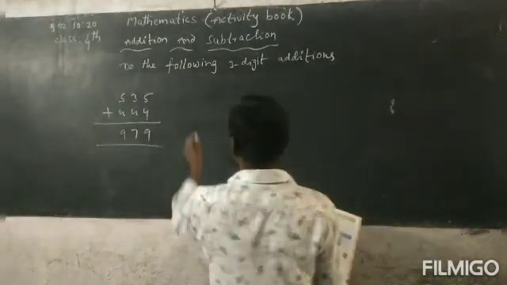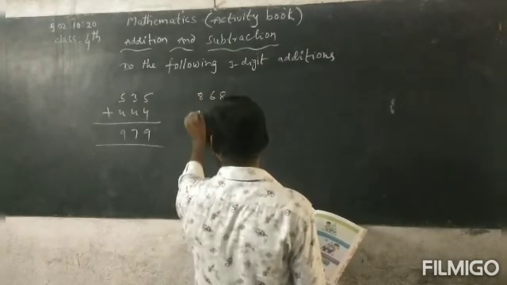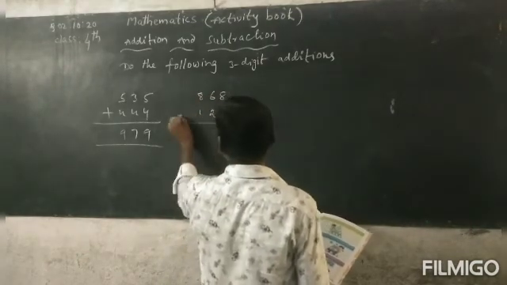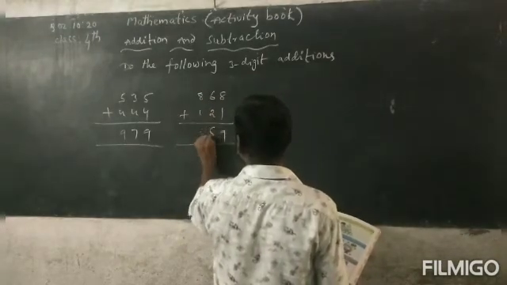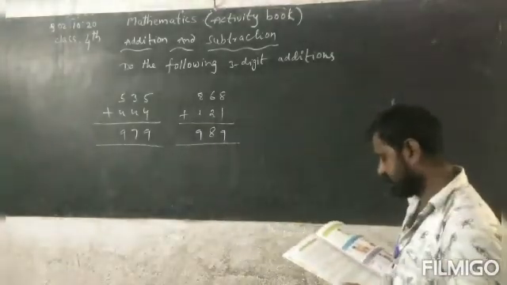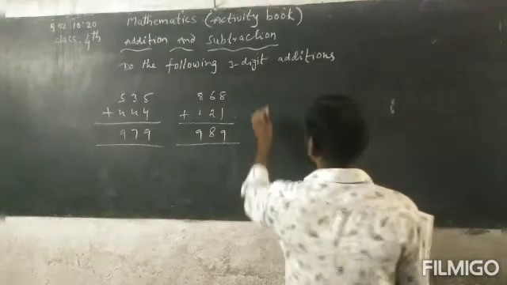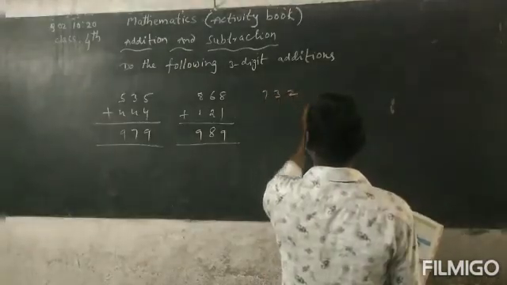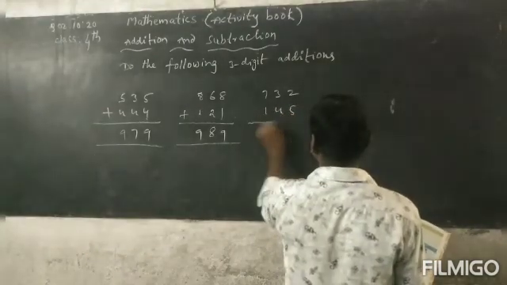Next, 868 plus 121. 8 plus 1, 9, 6 plus 2, 8, 8 plus 1, 9. The sum is 989. Next, 732 plus 145.